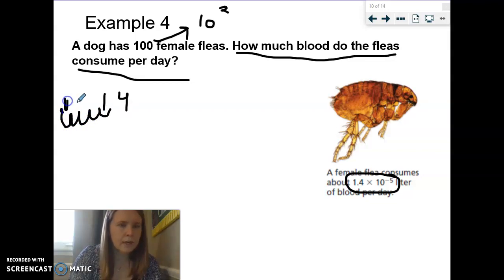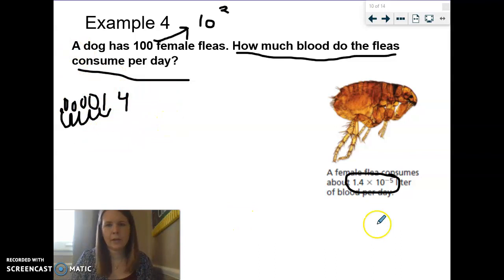All right, so then I'm going to add in my zeros. Again, it's not going to be pretty. So this is how much blood one flea will consume in a day.